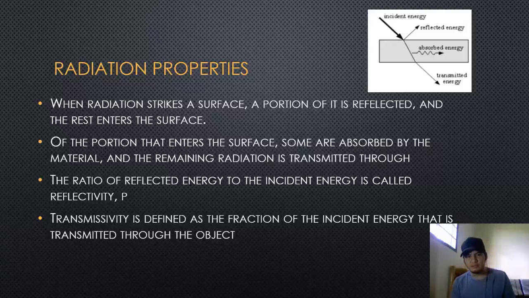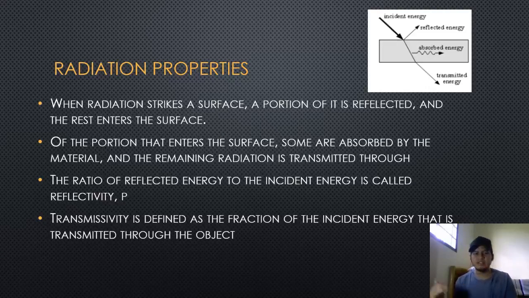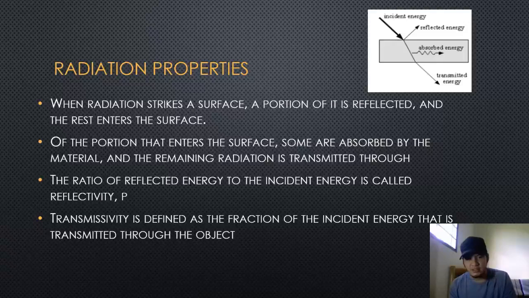For the radiation properties, when radiation strikes a surface, a portion of it is reflected, and the rest of the radiation enters the surface. Of the portion that enters the surface, some is absorbed by the material, and the remaining radiation is transmitted through the material.